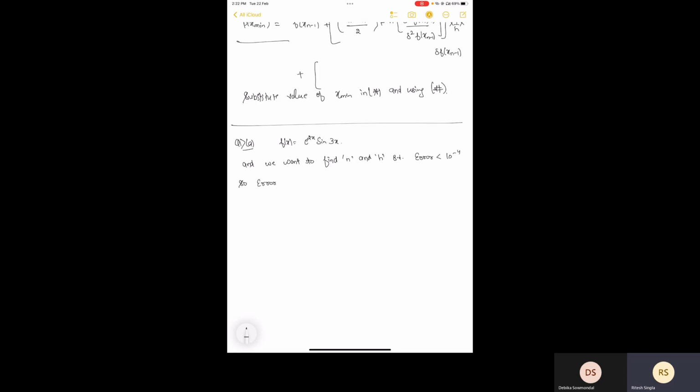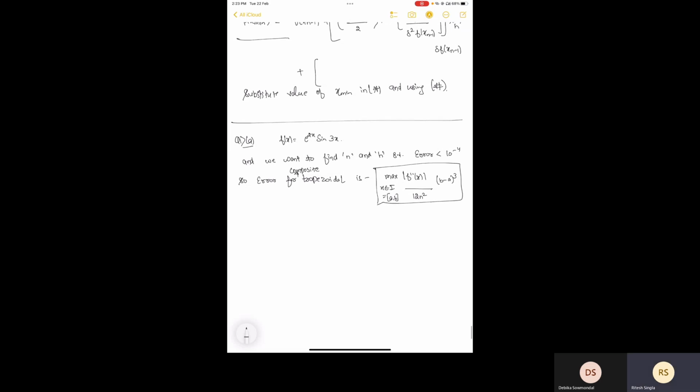So error for composite trapezoidal is given by maximum of mod of f double prime of x times (b minus a) cube upon 12 n square, right? This is the formula for the error.